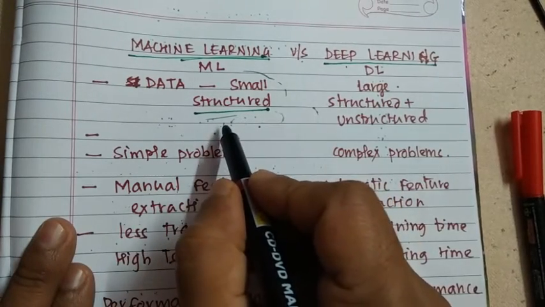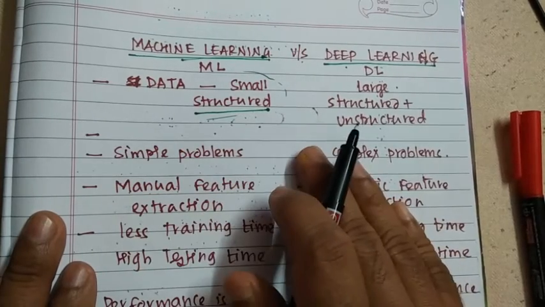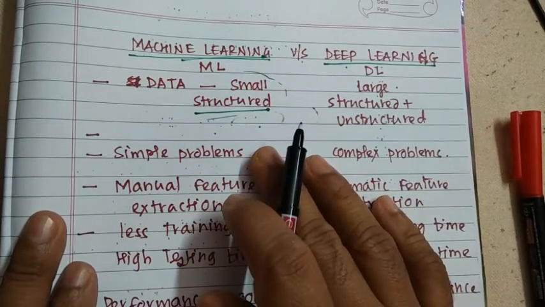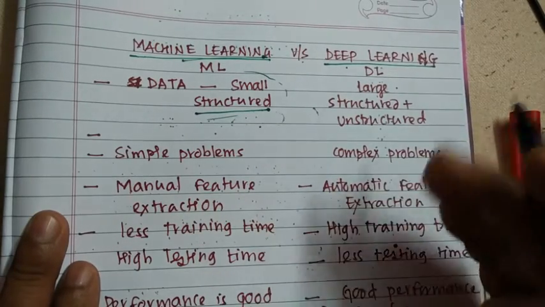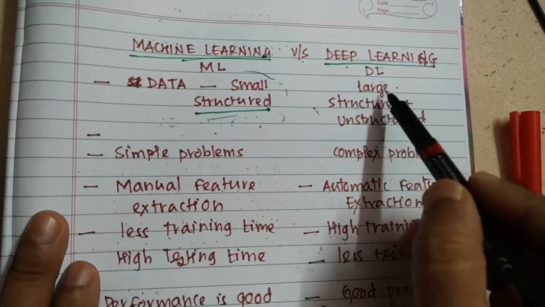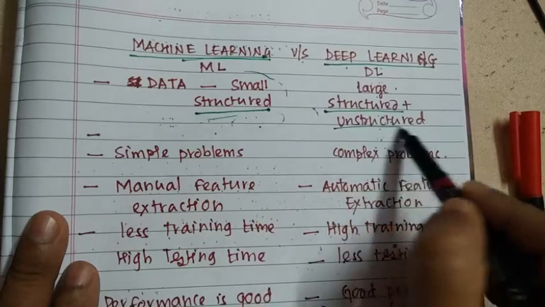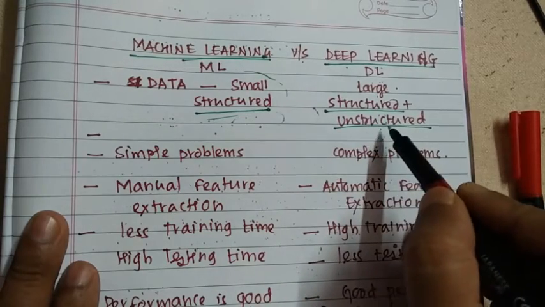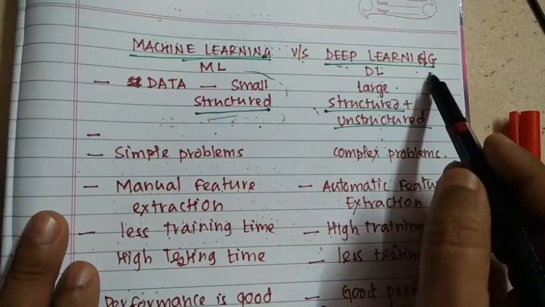But nowadays the data available for processing is a large amount of data, and that data may be structured, unstructured and semi-structured. So to process this data we need deep learning.